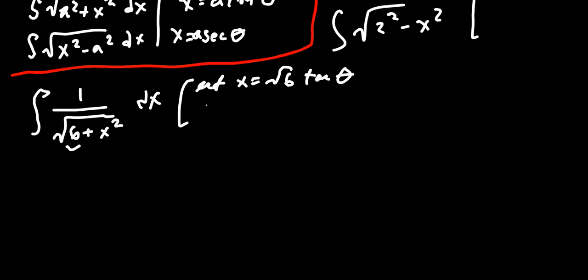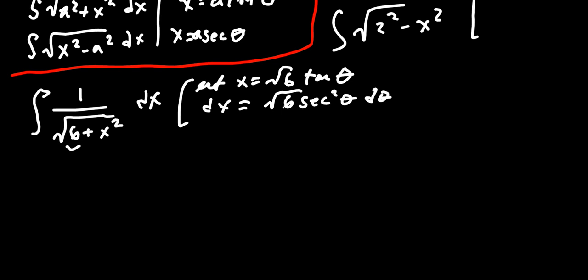Okay, and then now, as our normal u-substitution, we do dx is equal to the derivative of tangent, which is secant squared theta. And then we can't forget to tag along the square root of 6.